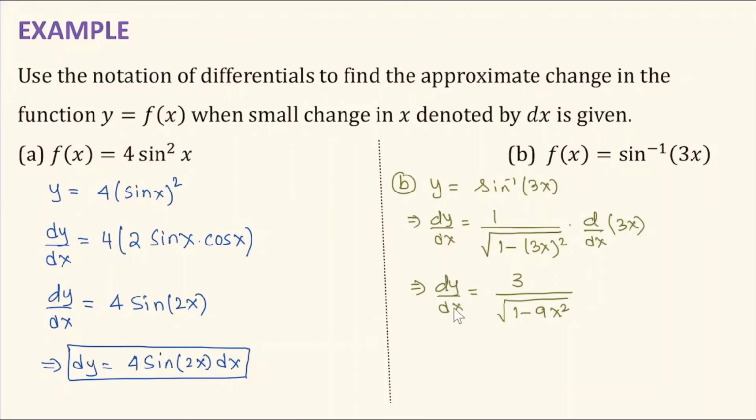I'm looking for dy, so I have to multiply on both sides by dx. So dy, that is differential y, or a small change in y, is equal to 3 over the square root of 1 minus 9x squared multiplied with the differential x. So that is the value of differential y in this case.